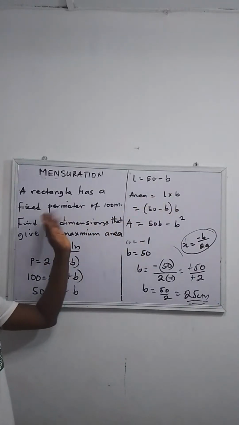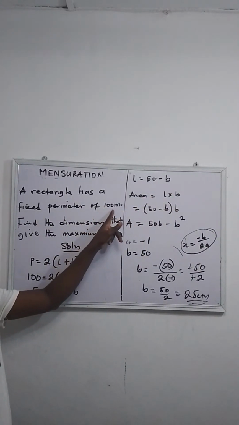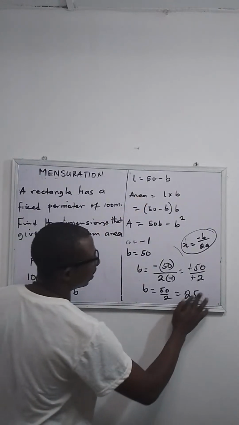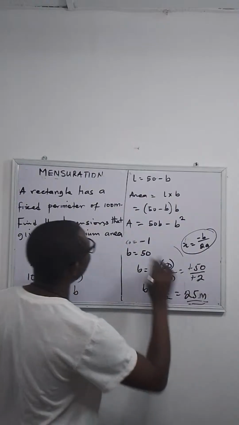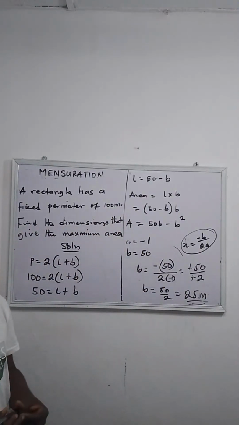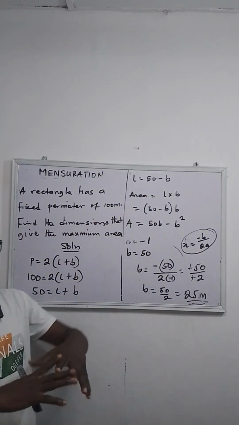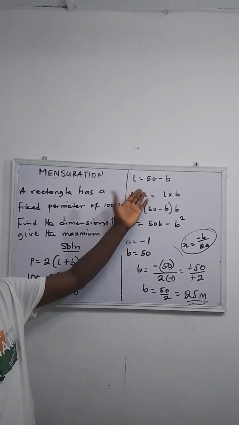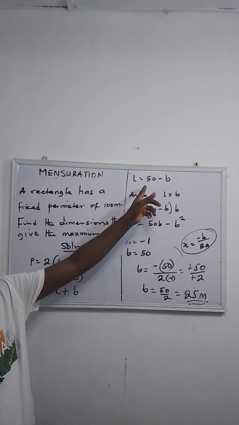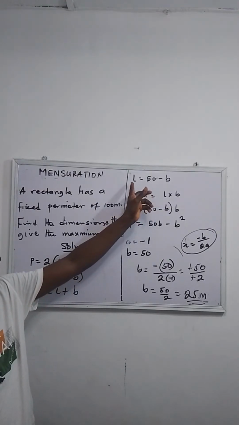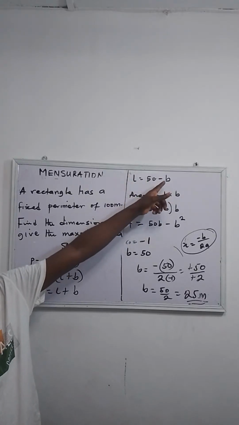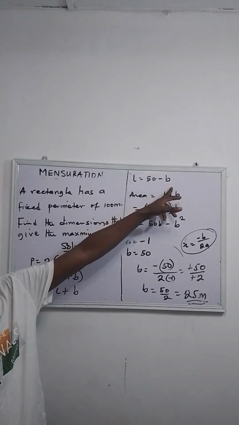So if we have a perimeter of 100 meters, to have a maximum area, the length must be equal to the breadth. Do you understand now? The length must be the same thing as the breadth.